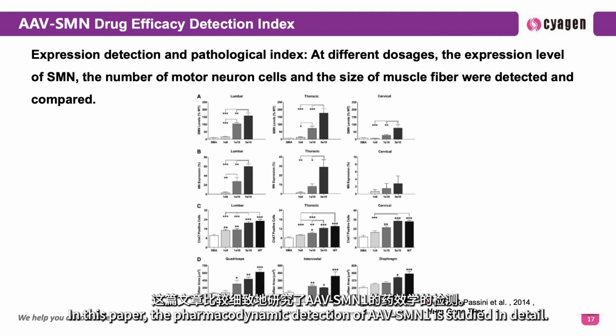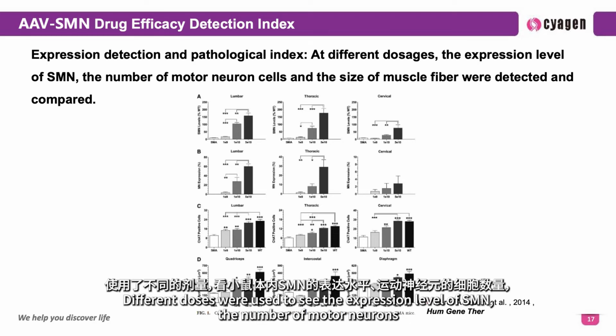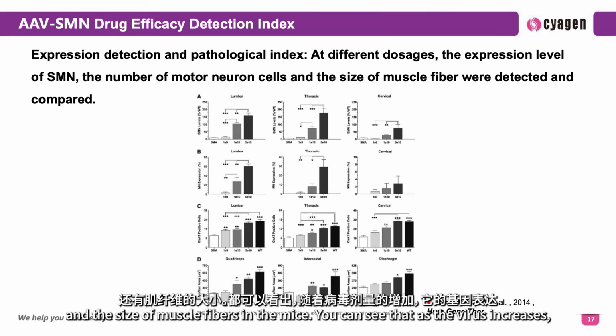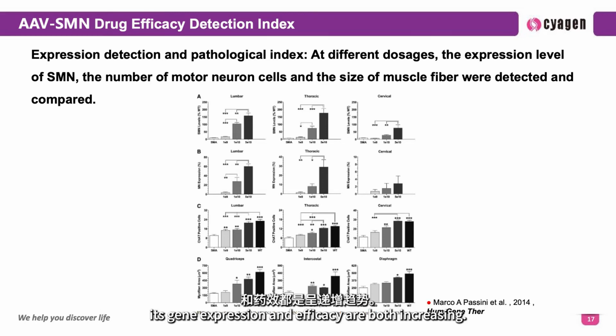In this paper, the pharmacodynamic detection of AAV-SMN1 is studied in detail. Different doses were used to see the expression level of SMN, the number of motor neurons, and the size of muscle fibers in the mice. You can see that as the virus increases, its gene expression and efficacy are both increasing.